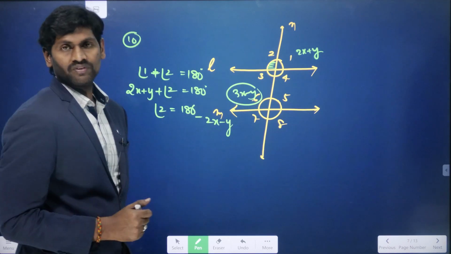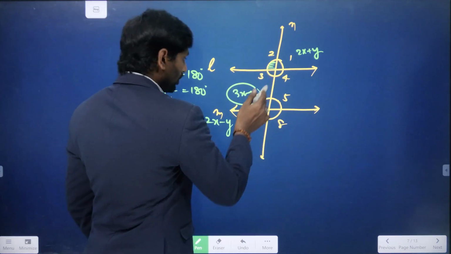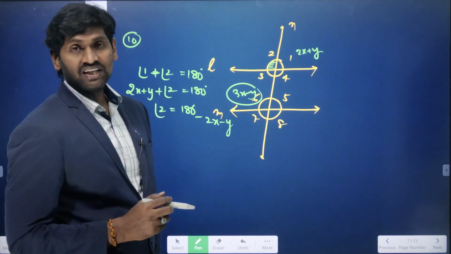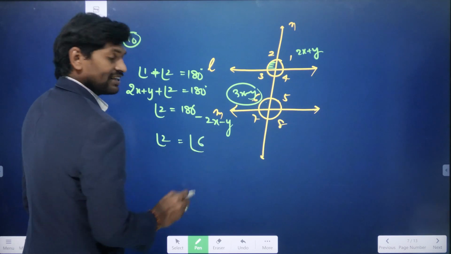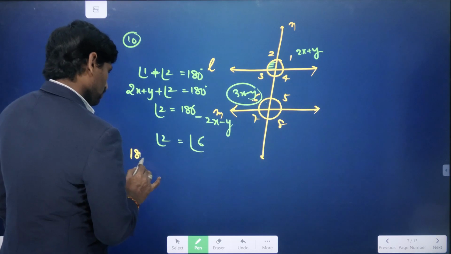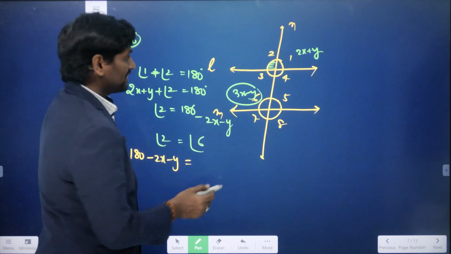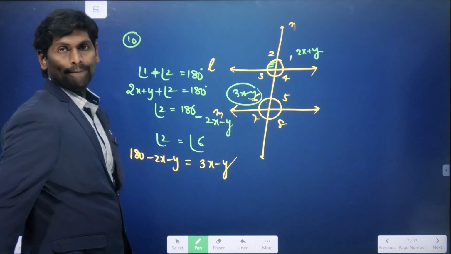So from this, angle 2 equals 180 minus 2x plus y, transposing this side, 180 minus 2x minus y. But from the given figure we already know that angle 2 and angle 6 are corresponding angles. That means we can take angle 2 equals angle 6. Angle 2 I got as 180 minus 2x minus y, and angle 6 is already given as 3x minus y. Okay?